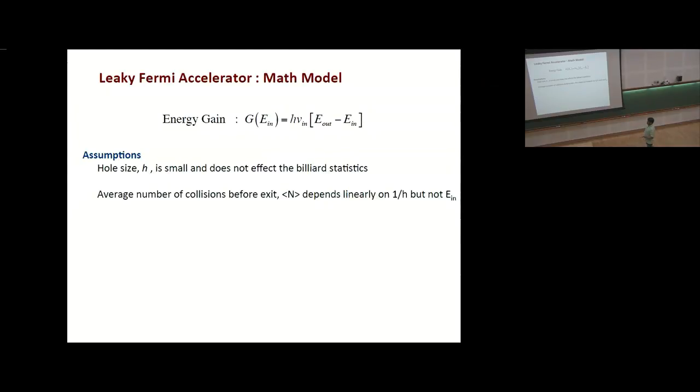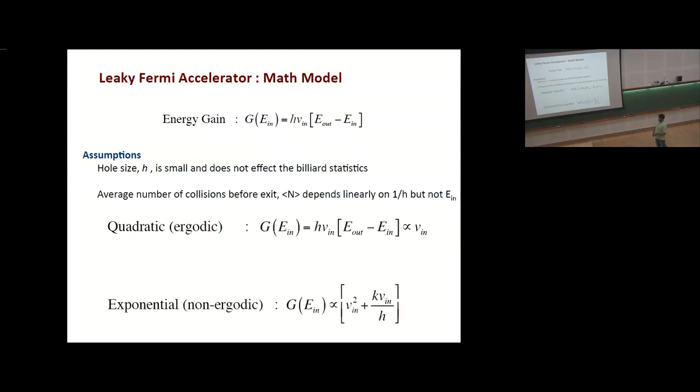And under these assumptions, we have been able to do some calculations based on our earlier work also, where we find that in the quadratic case or in the ergodic case, the average energy gain depends linearly on the input energy, on the input velocity linearly. But in the exponential case or the non-ergodic case, it depends also on this hole size.